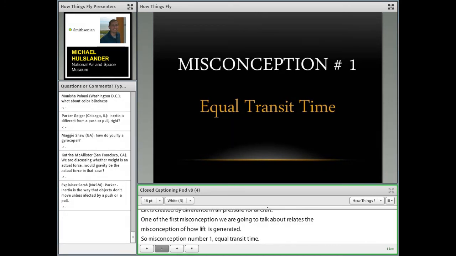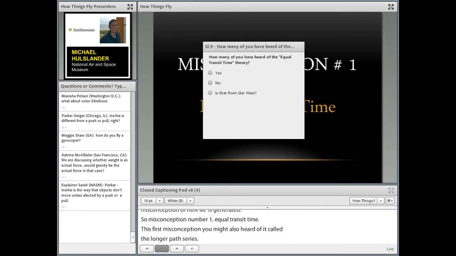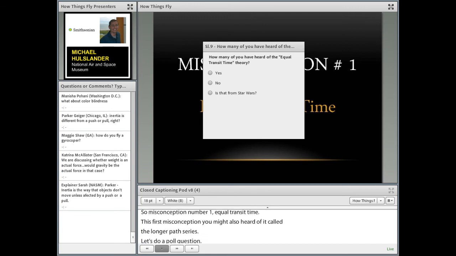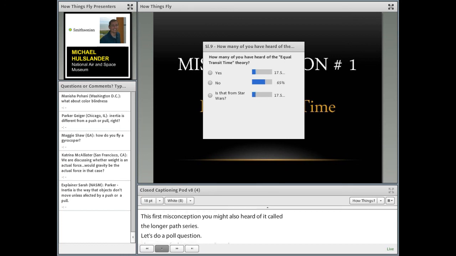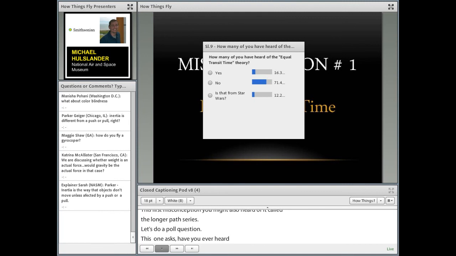So let's do a poll question. This one asks, have you ever heard of the equal transit time theory? It looks like the majority are saying no, but yes is keeping pace.